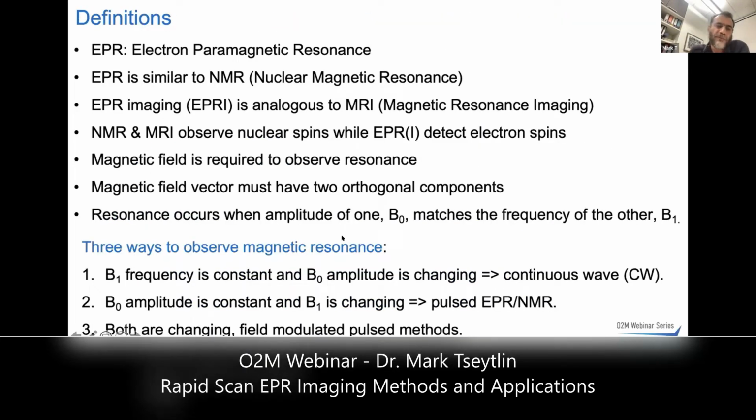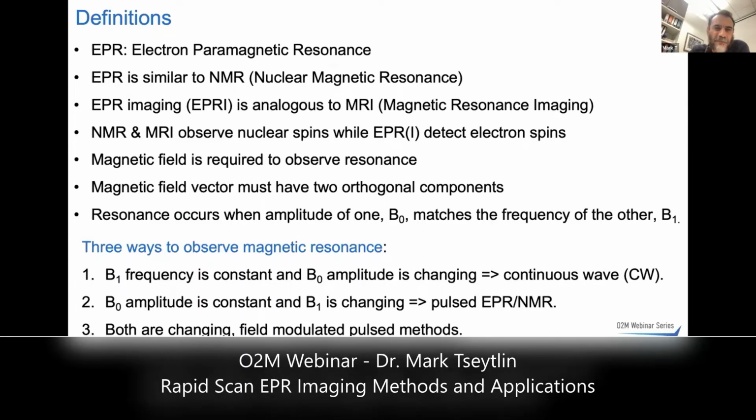First, I think it makes sense for those who don't know what EPR is to give a brief introduction and definitions. EPR stands for Electron Paramagnetic Resonance. EPR is very similar to NMR, which is nuclear magnetic resonance.